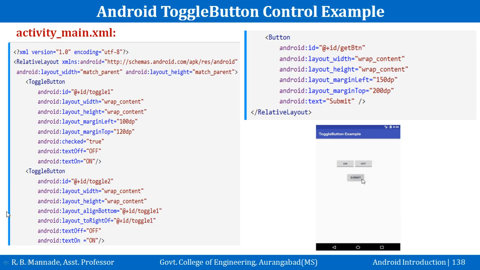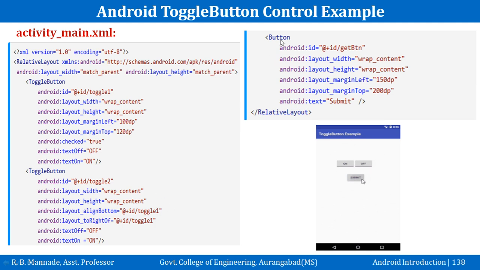Observe that its textOff is set to off and textOn is set to on. As I said earlier, by default the state of a toggle button is off. Here we are not changing its default state, which is why it shows the off state.